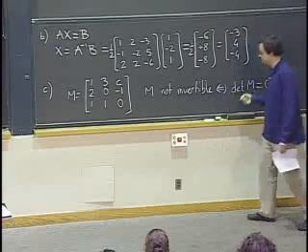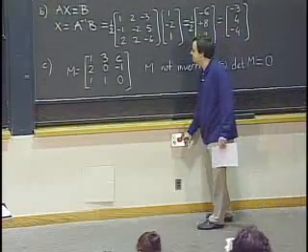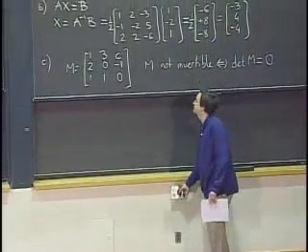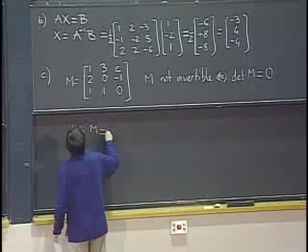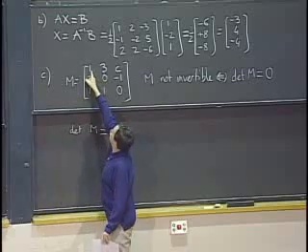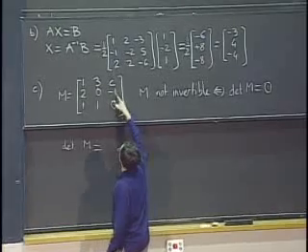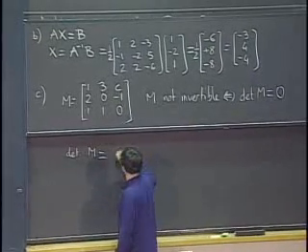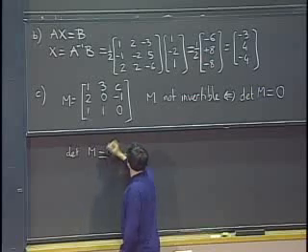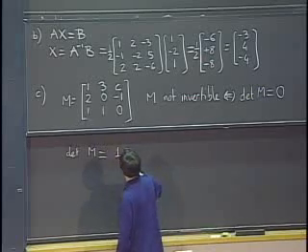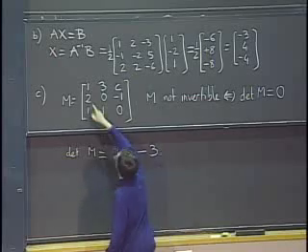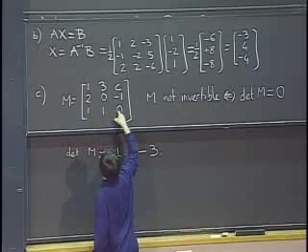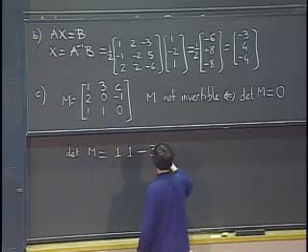So let's compute the determinant. Well, we should do 1 times that smaller determinant, which is 0 minus negative 1 is 1 times 1, minus 3 times that determinant, which is 0 plus 1 is 1.